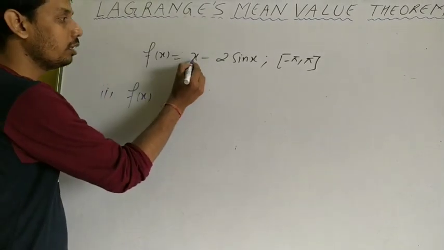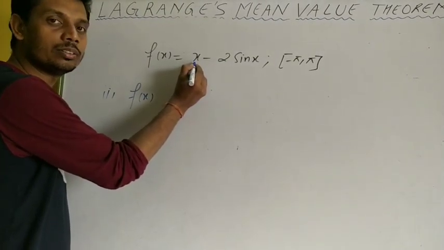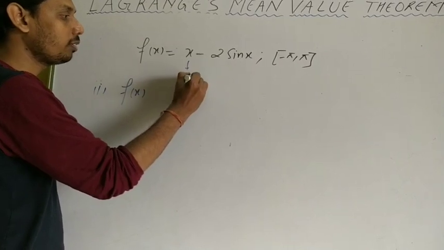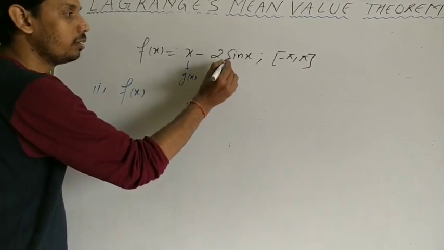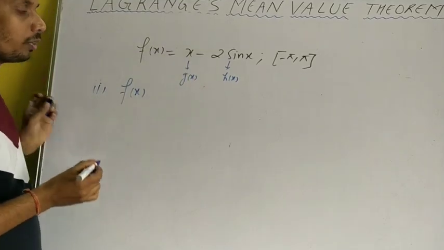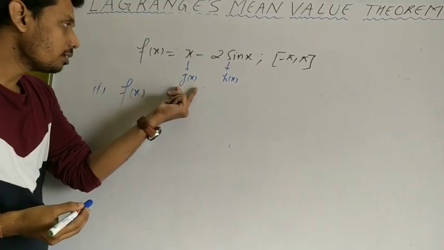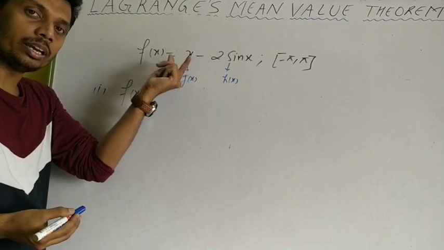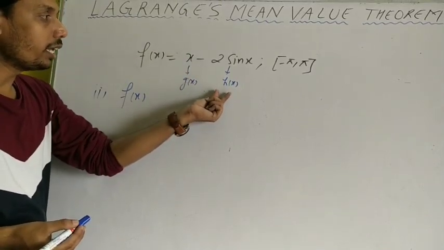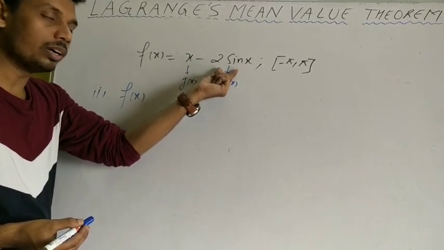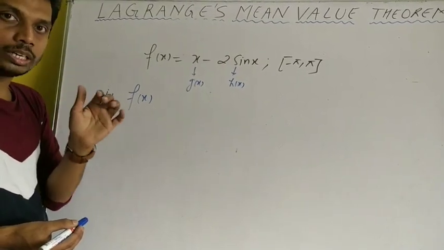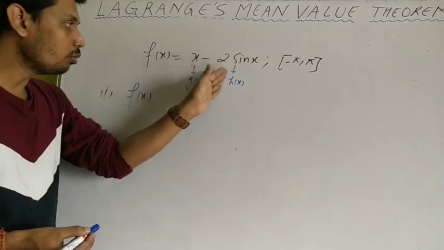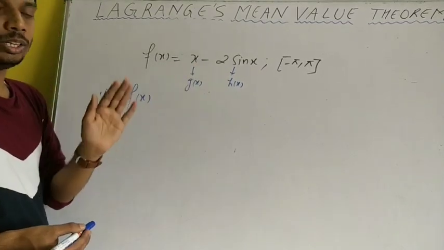Now see, this is a polynomial function. If we assume this as g(x) and this as h(x), this is a trigonometric function. So g(x) being a polynomial function is throughout continuous, and h(x) being a trigonometric function, the sine function, again is throughout continuous. The difference of two continuous functions is continuous.